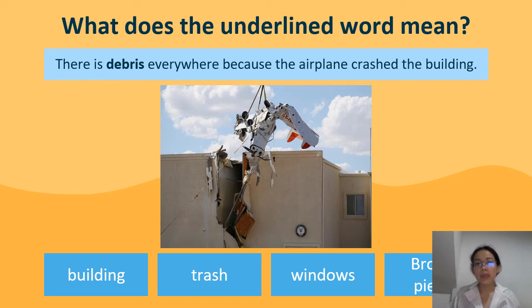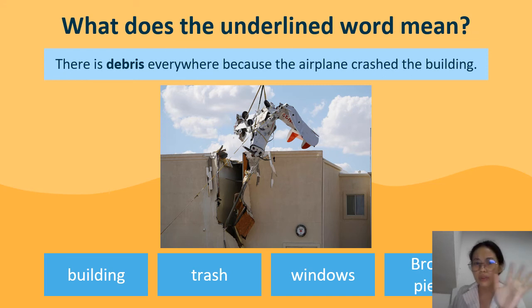Next, this word is pronounced as debris. Debris. So this one is silent. No, debris. There is debris everywhere because the airplane crashed the building. So, can you find if it is positive or negative?